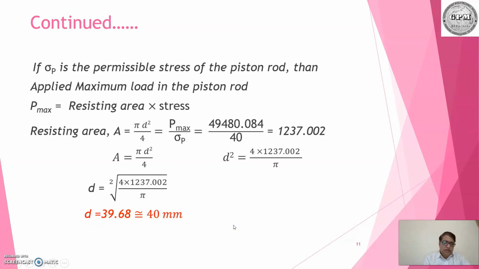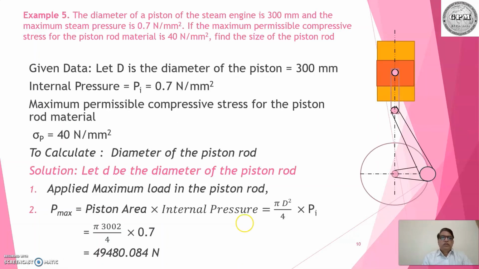Once again, I will tell you, this diameter we have calculated: P maximum is pressure into the area, and after that you get the force, and this force acts on this piston rod. So the resisting force in the piston rod is equal to the resisting area multiplied with the stress.